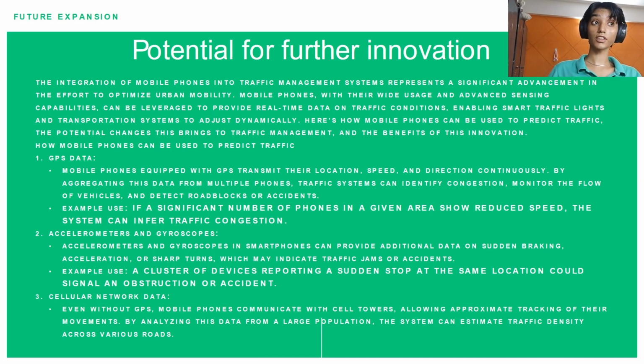Then the future innovations would be, so in here I'm actually working with the ultrasonic sensor and the IR sensor, but if you know how Google Maps works, it generally talks about the cellular signals on a mobile phone, and it tells that the particular place is loaded with vehicles, so it shifts us to a different direction which has less traffic, even though that area is quite long in distance, but less traffic, so you will reach much faster over there, and the track is much more sufficient and efficient.